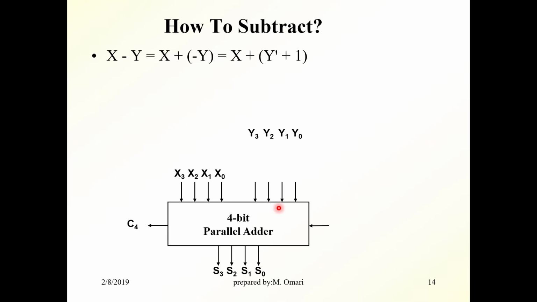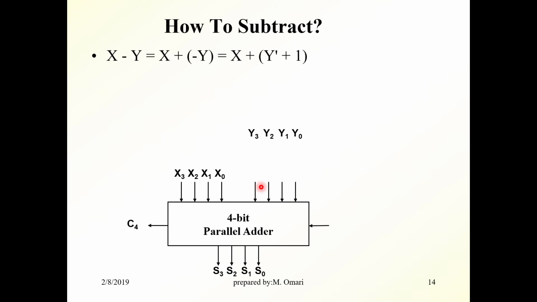Remember the parallel adder, whether it's a ripple carry or look-ahead carry. Okay, it adds the X number with the Y number. So what we have to do, we add the X number, which we put here, and now here we should put not Y, but the 2's complement of Y. The 2's complement of Y is the first complement plus 1.